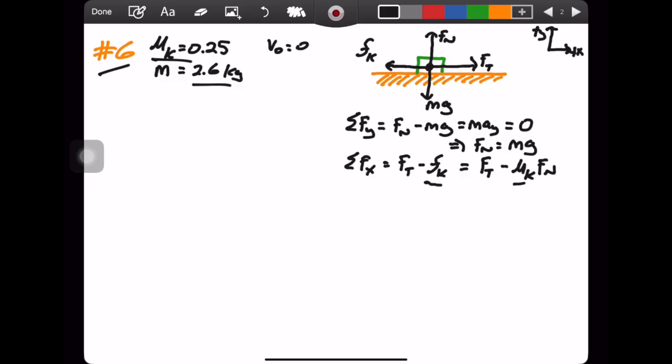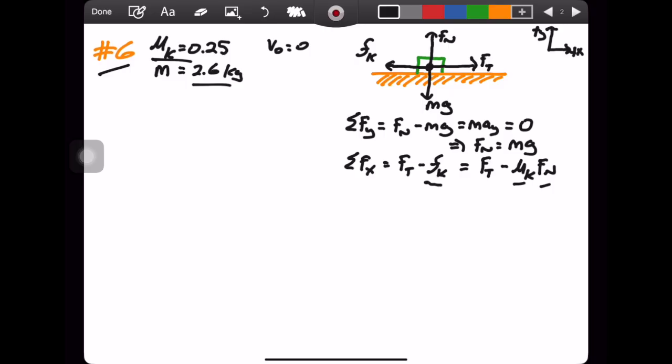So this is the nature of the surface. You can imagine that sandpaper would have a higher coefficient of kinetic friction than ice. And this is the degree to which the surface of the block is pressing against the surface that has friction. You could have a really rough surface, but if it's barely grazing another surface, there's not as much friction as if they're really pressing a lot against each other.